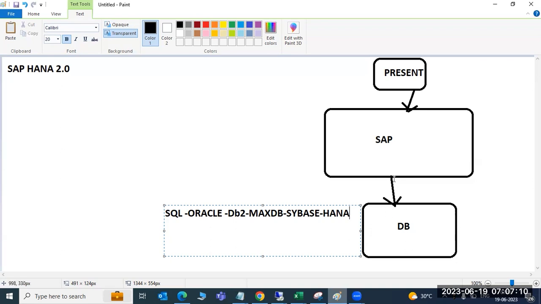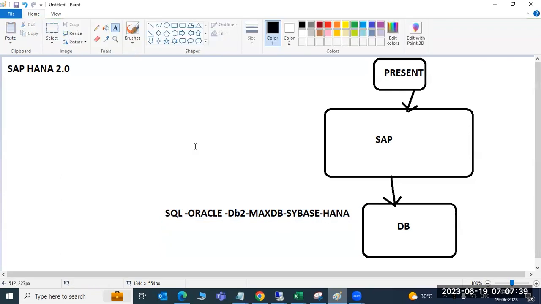They have released MaxDB and Sybase too; these are all SAP related. But the most popular, powerful database is the HANA database. What is there in HANA that is not in the other databases? That we will discuss now.